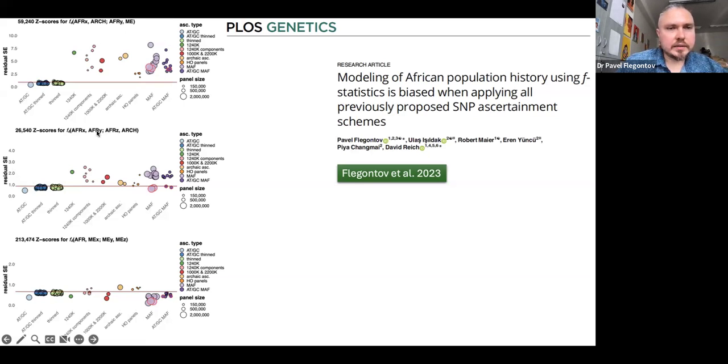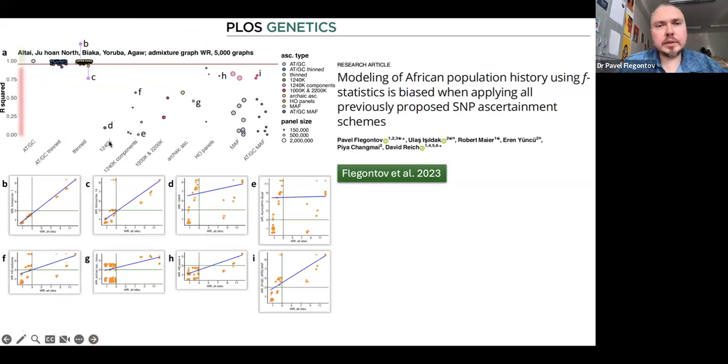There's another class for which some ascertainment types, for example, this ascertainment on minor allele frequency in Africans, are not biased. But in this class, nearly all ascertainments, including 1240K, are unbiased. That is, the residual standard error lies below the 97.5 percentile of residual standard error on these randomly sampled sets of sites.